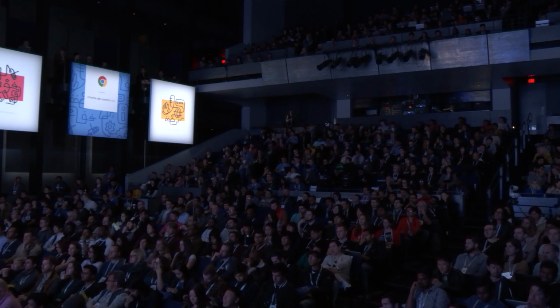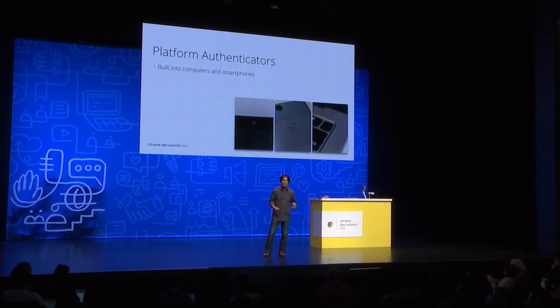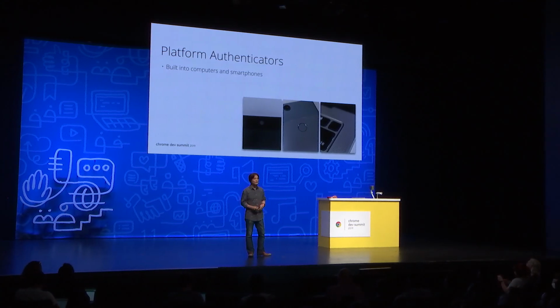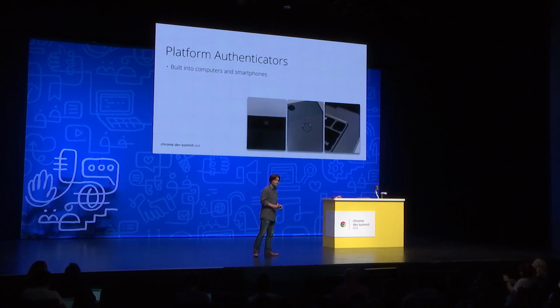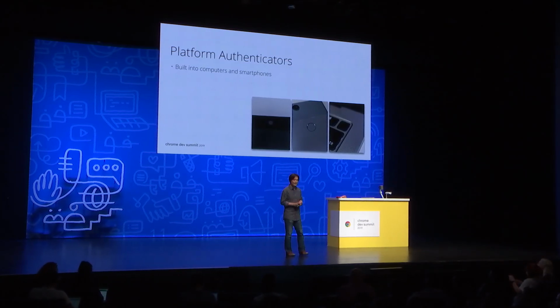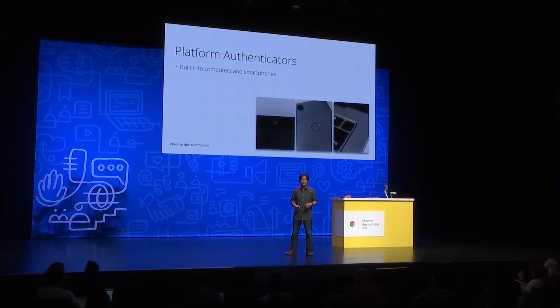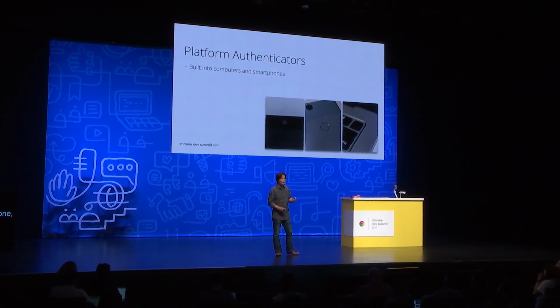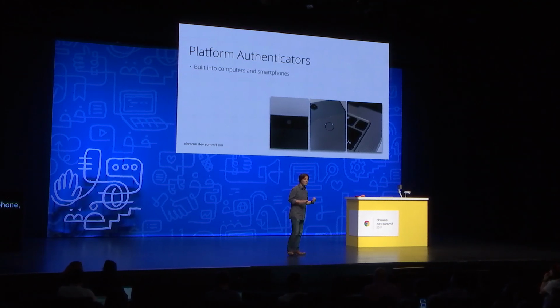And there is another kind of authenticator built directly into your computer or smartphone called Platform Authenticator. Platform authenticators are more consumer-friendly than roaming authenticators or security keys because you don't have to purchase a separate device.